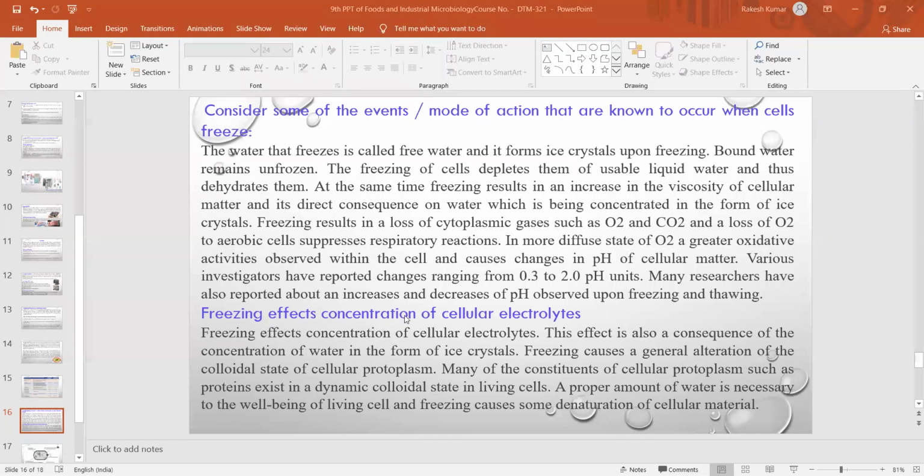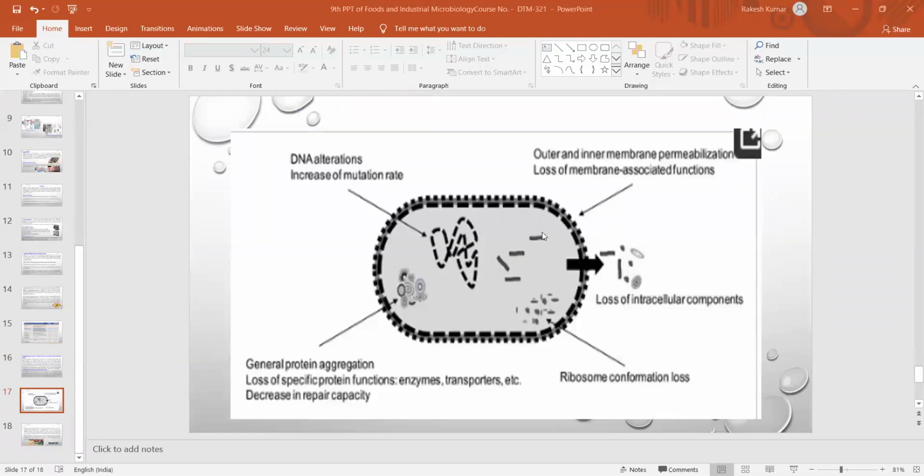Now freezing affects the concentration of cellular electrolytes. Just by creating a freezing condition, the concentration of cellular electrolytes inside the bacterial cell will be changed, and it will again be responsible for denaturation of internal cellular material and create abnormal symptoms. So what are the different things happening?